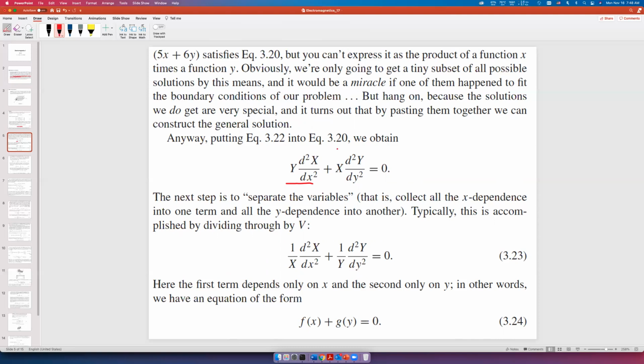The simplest way to separate the variables is to divide the equation by X times Y. So on both sides, we divide by XY.